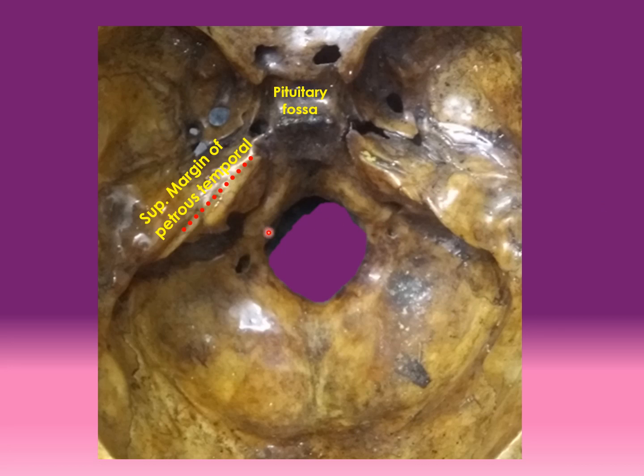Here you find an S-shaped sulcus which is the sigmoid sulcus on either side. This sigmoid sulcus lodges the sigmoid sinus. Along the posterior attached margin of the tentorium cerebelli, you have the transverse sulcus which lodges the transverse sinus.